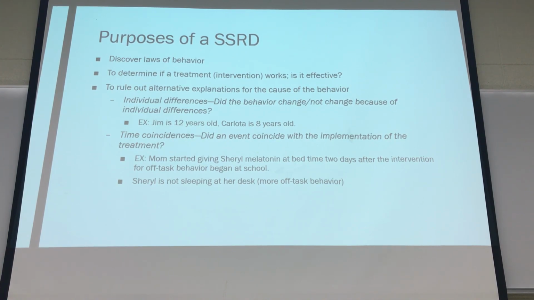We've got to try to rule out events that occur at the same time as our manipulation of the independent variable, the treatment, the intervention, so we can conclude that our intervention was responsible for the change in behavior. We do that through research designs.